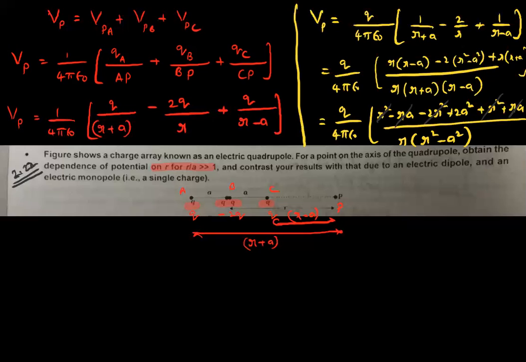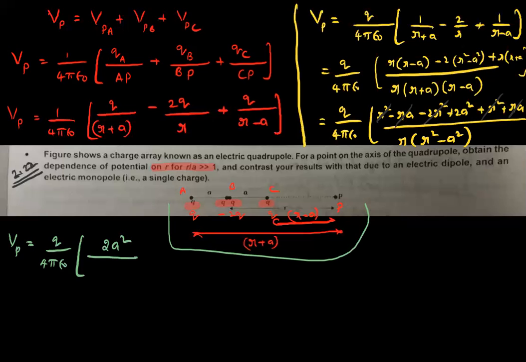The leftover term in the numerator is 2A square. Then potential at P equals Q by 4 pi epsilon naught, times 2A square divided by R square taken as common, that is R cube into 1 minus A square by R square. So we can write it as 2A square Q divided by 4 pi epsilon naught R cube into 1 minus A square by R square.